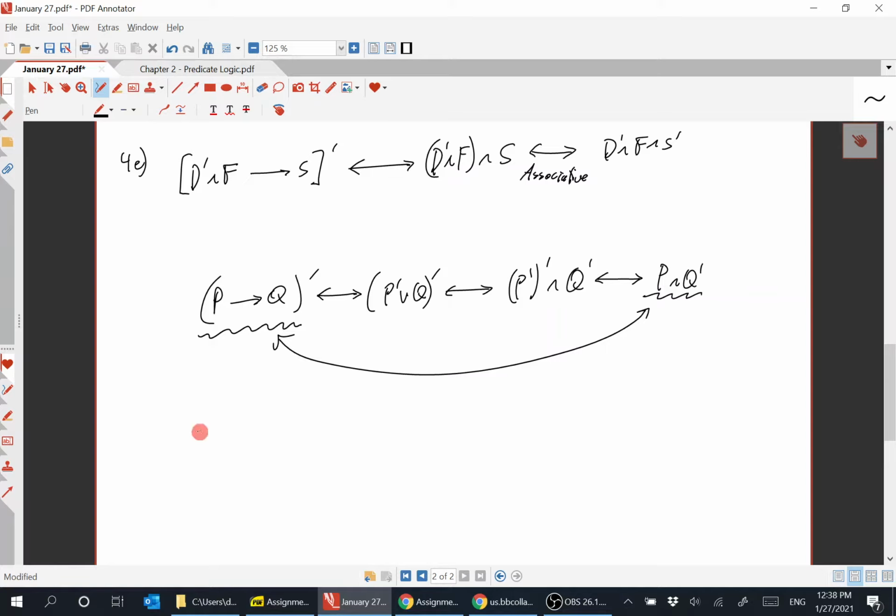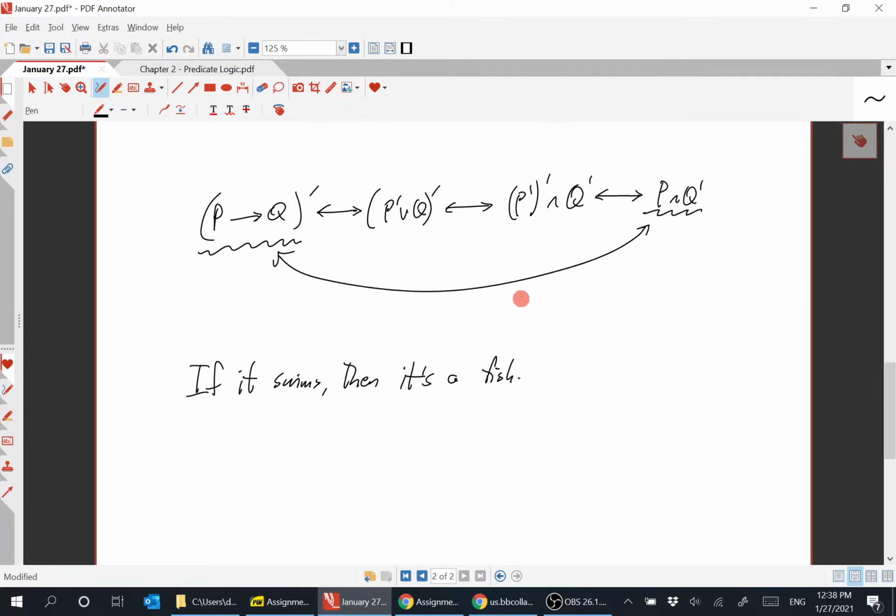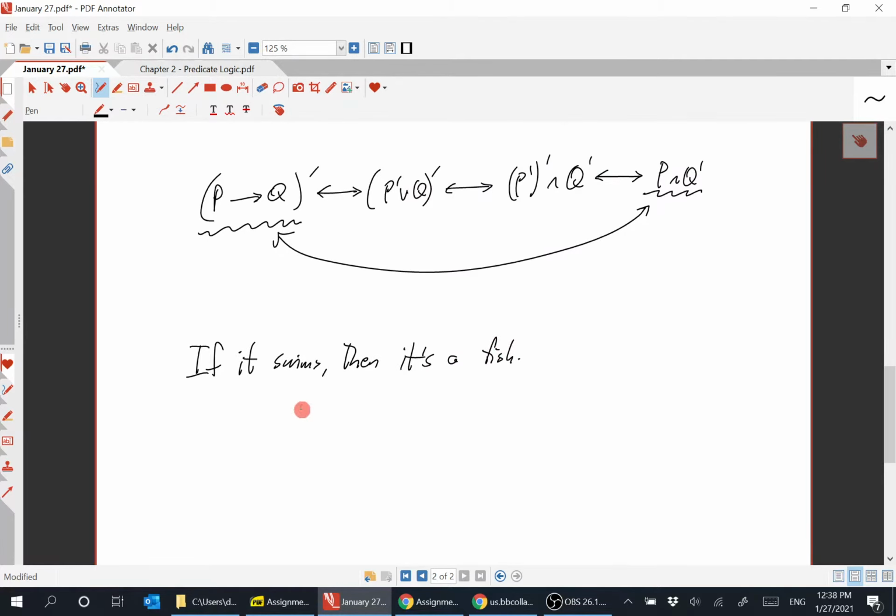So, for example, if you want to negate, if it swims, then it's a fish. If it swims, then it's a fish. Negated is, right, it swims and it is not a fish.